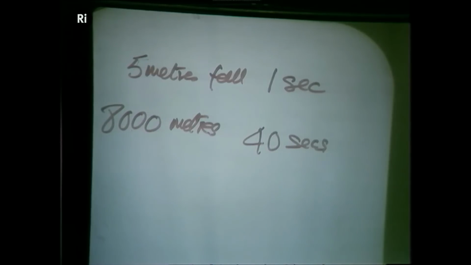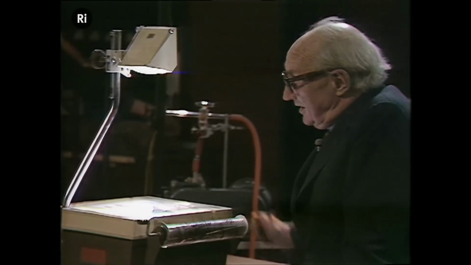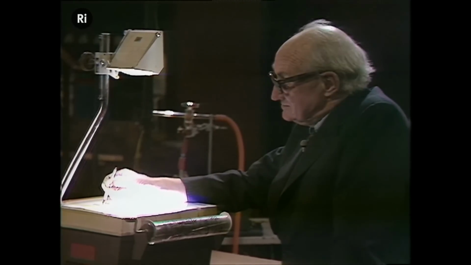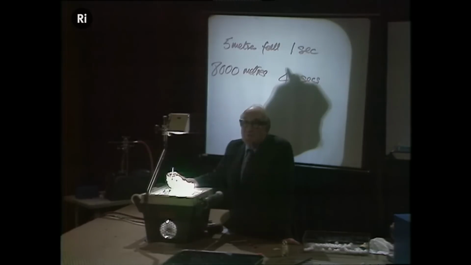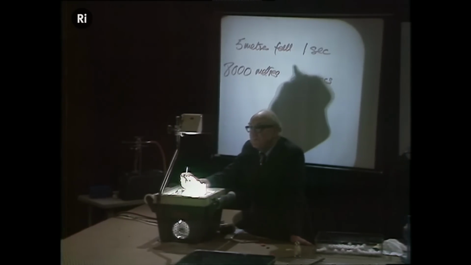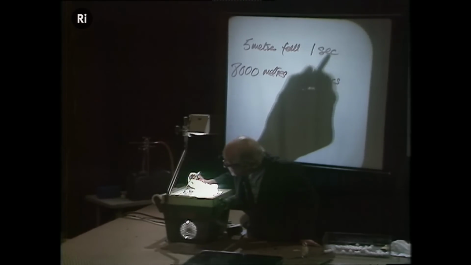You see, 40 seconds is 40 times as long as 1 second. And so you've got 40 times as long to gain speed. And you will therefore, in that time, gain 40 times the speed.